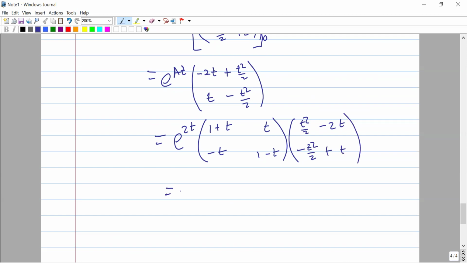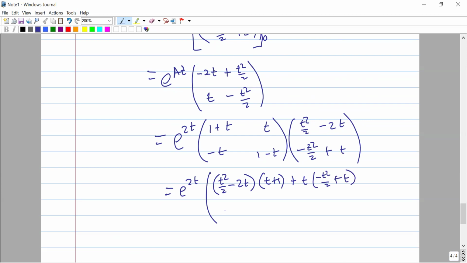Okay, so this is now e to the power 2t into, now we have t squared over 2 minus 2t times t plus 1, plus t into minus t squared over 2 plus t.